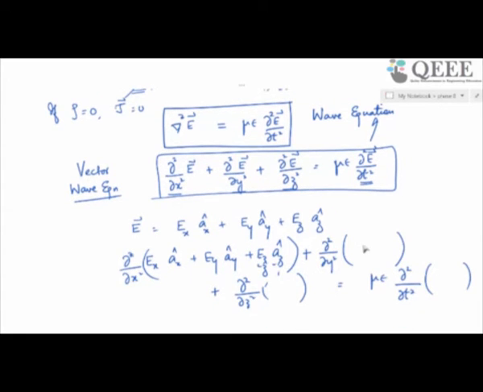And in each of this I will have an Ax component, Ay component and Az component, which means that I actually have 3 equations here.